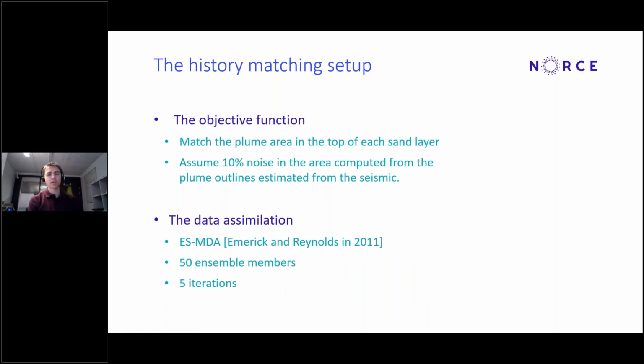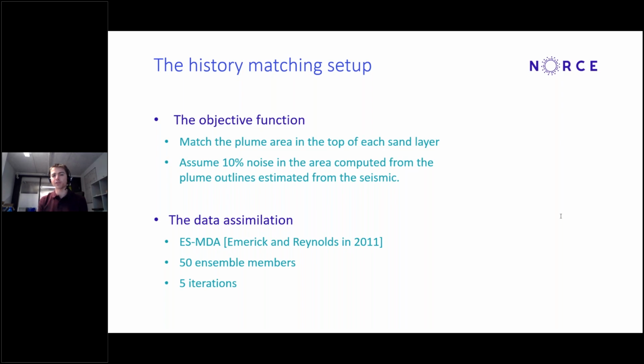So for the objective function, or the data we tried to match, the plume area. This is different from the earlier presentation where they used the outlines. We instead used the areas, and we also added some noise to the seismic data.